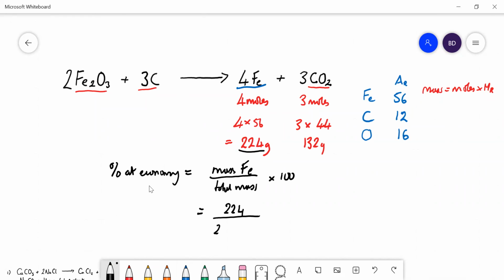Total mass, well, we've got 224 grams of iron and 132 of carbon dioxide, all times by 100. That's 224 divided by 224 plus 132, multiplied by 100, which gives us 62.9% atom economy.